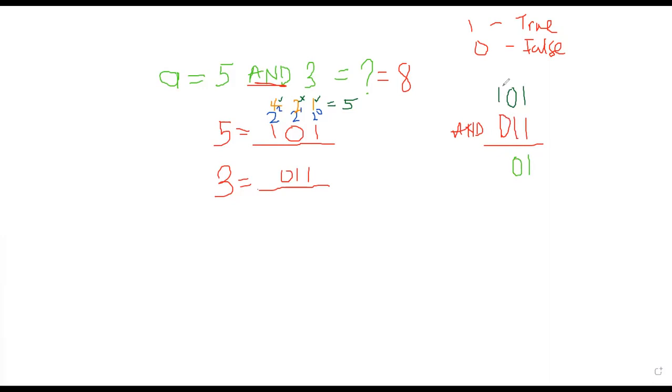Then 1 and 0: 1 is true, 0 is false, which will also give us false. So this will be the answer for A. A is equal to 0, 0, 1. Are we following?